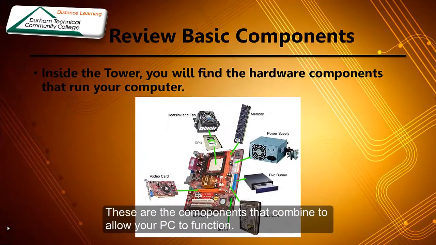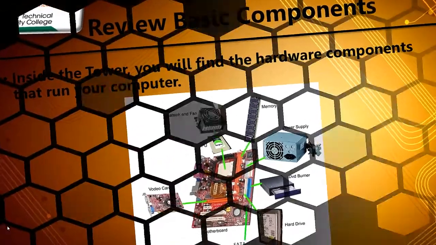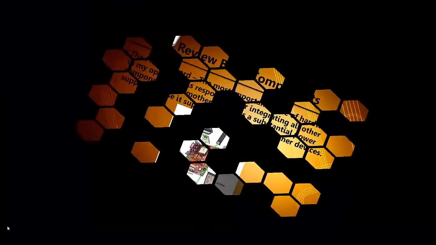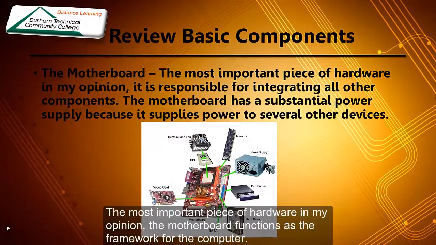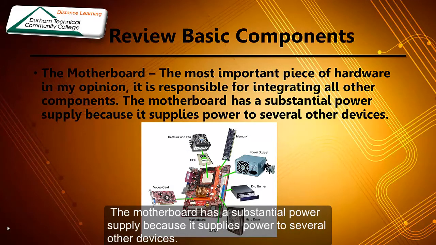These are the components that combine to allow your PC to function. The most important piece of hardware, in my opinion, the motherboard, functions as the framework for the computer. The motherboard has a substantial power supply because it supplies power to several other devices.